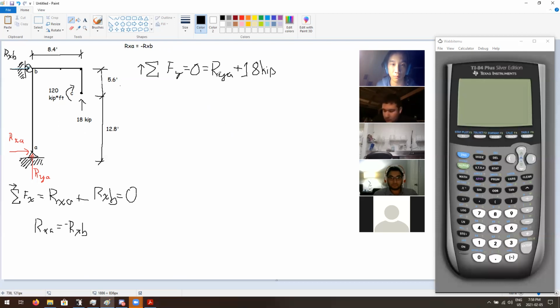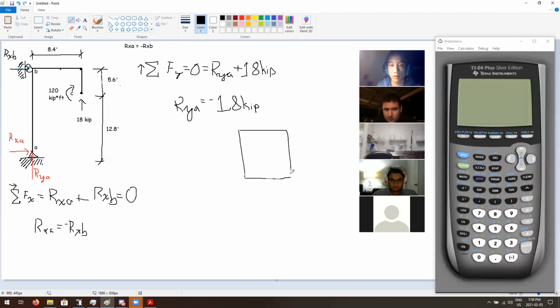So let's put RYA is equal to negative 18 kip. This is the same thing we got in problem 3. We have a negative force. Let's simplify this. Let's not make it a hangman thing. Let's just make it a box.